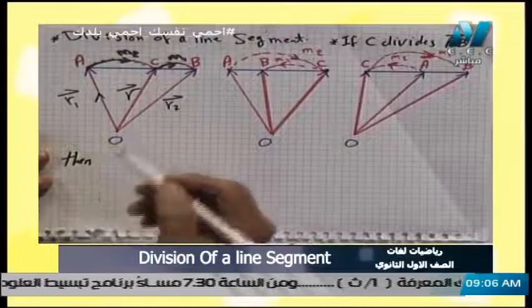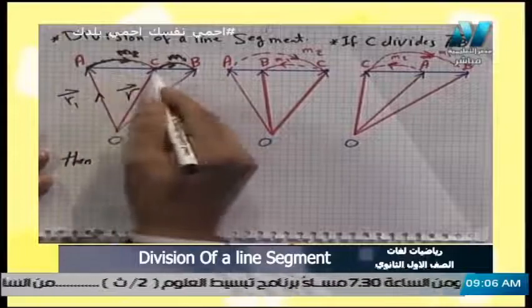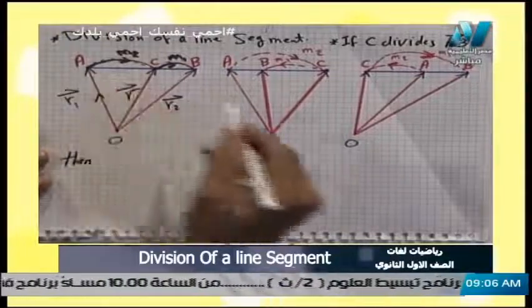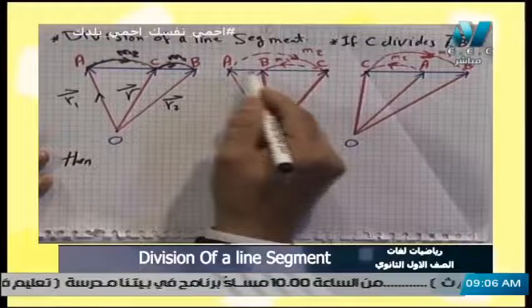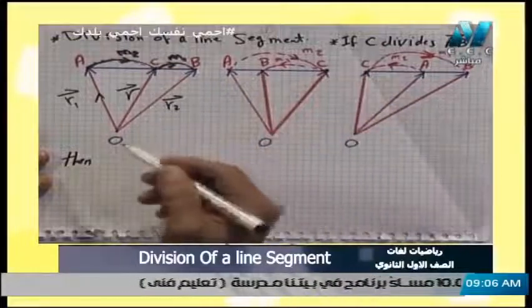So here C divides AB internally because C is between A and B. C here divides AB externally, and here externally also.